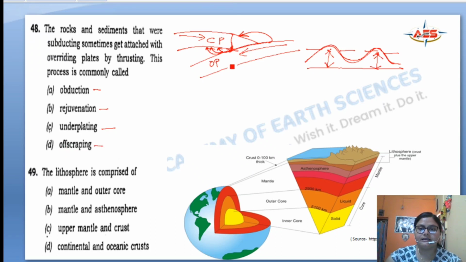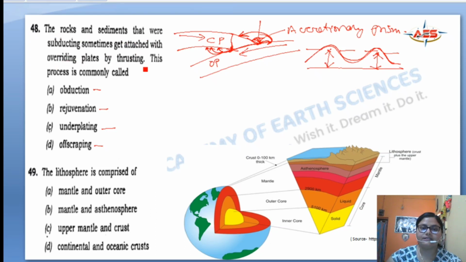Offscrapping is when the sediments of the overriding plate are scraped off in the subduction zone and form thrust sheet here. Okay, then it is known as offscrapping. Generally these thrust sheets that develop in the subduction zone are known as the accretionary prism.